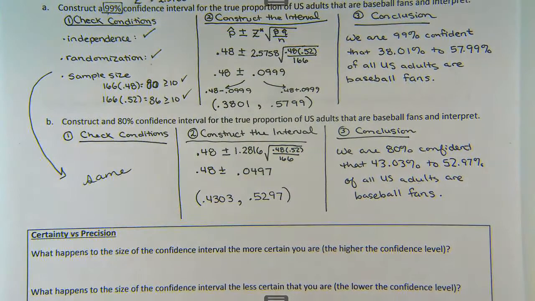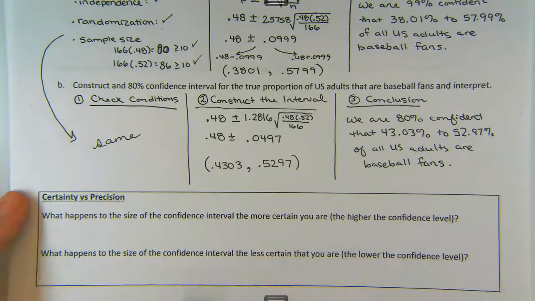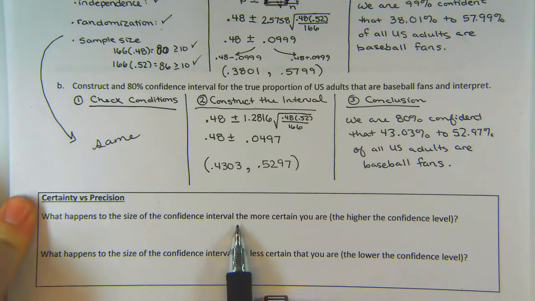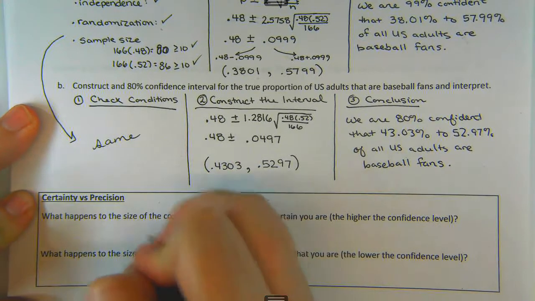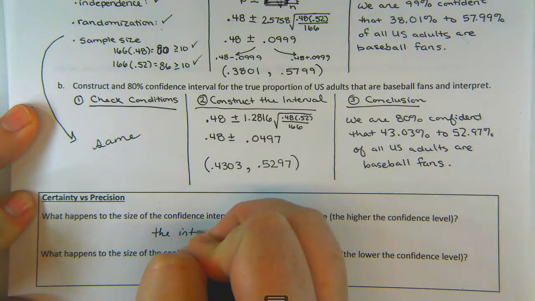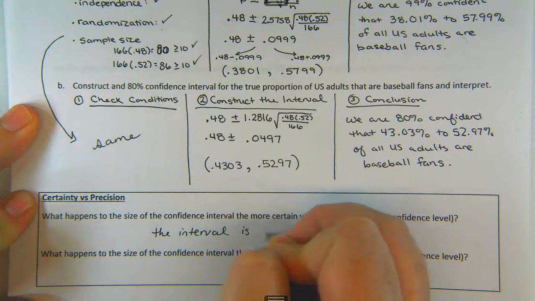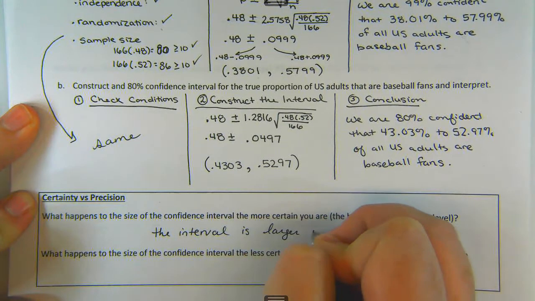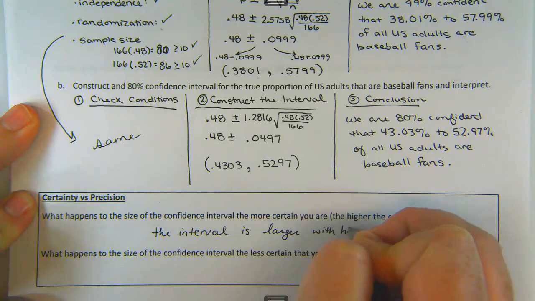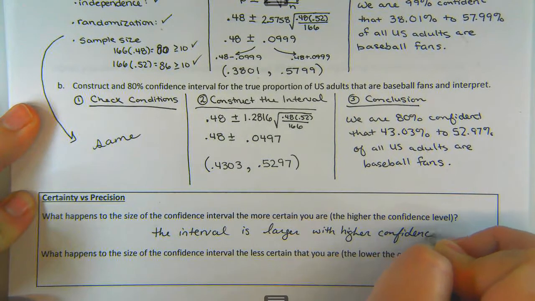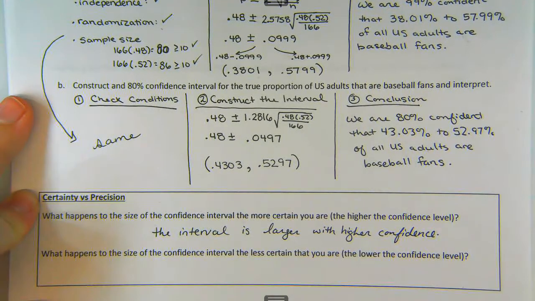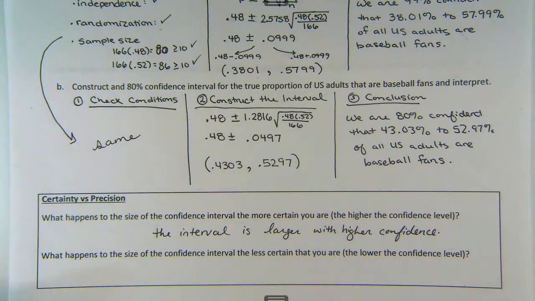So with that, the size of the confidence interval, if we're more certain, so the higher the confidence level, the larger the interval is. So the interval is larger with higher confidence. Because with higher confidence, we want to be more sure that we're grabbing it, so we have to extend the interval.